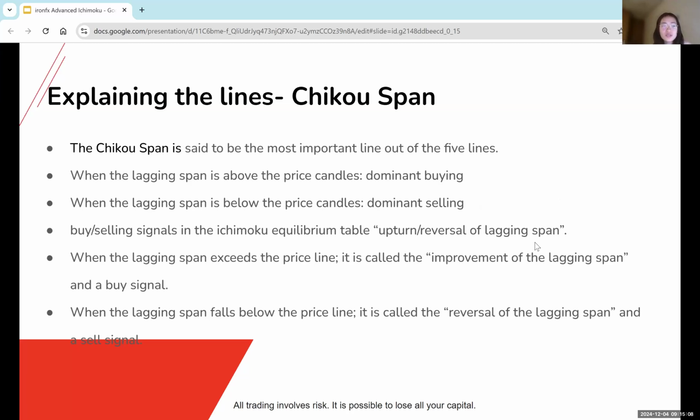So buy and sell signals in the Ichimoku equilibrium table represent the upturn or reversal of the lagging span. And when the lagging span exceeds the price line, it's called the improvement of the lagging span and a buy signal. When the lagging span falls below the price line, it's called the reversal of the lagging span and a sell signal.